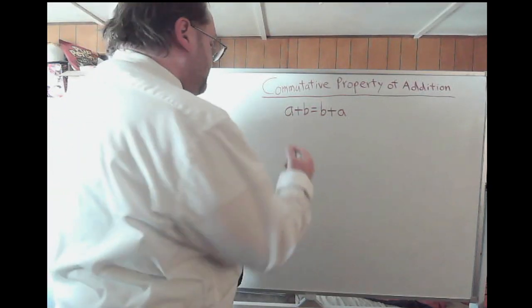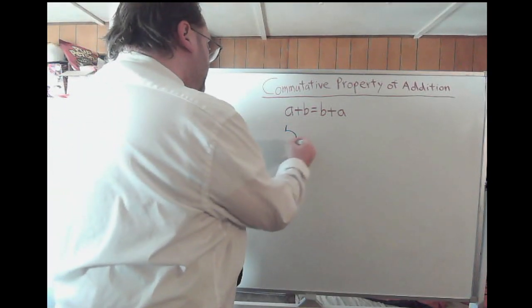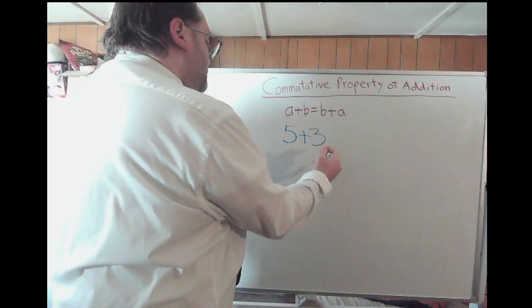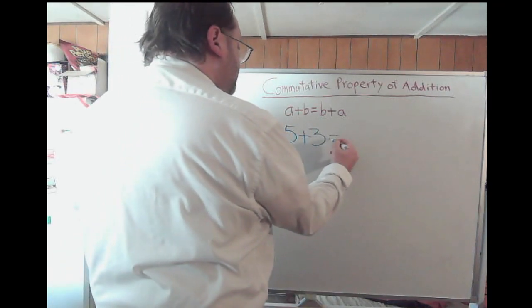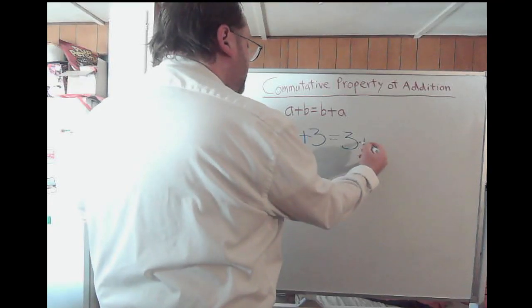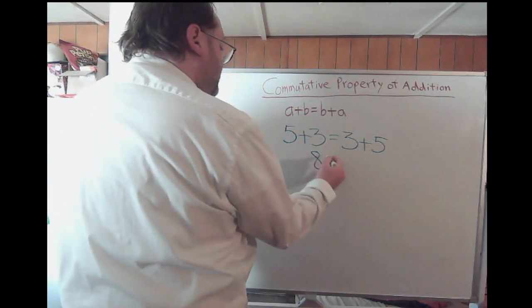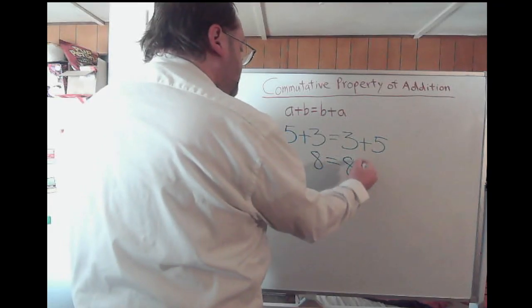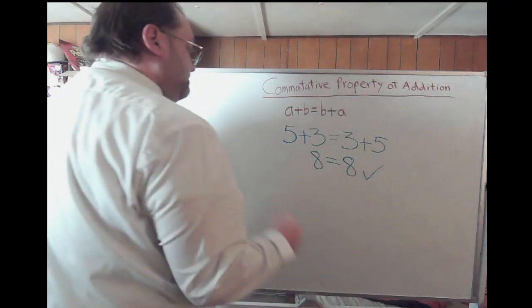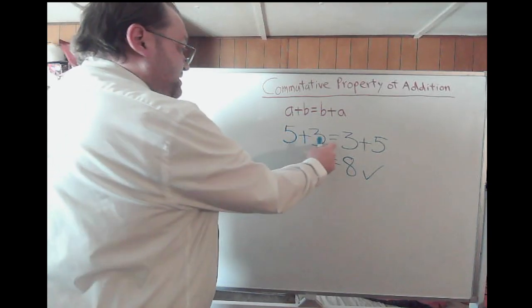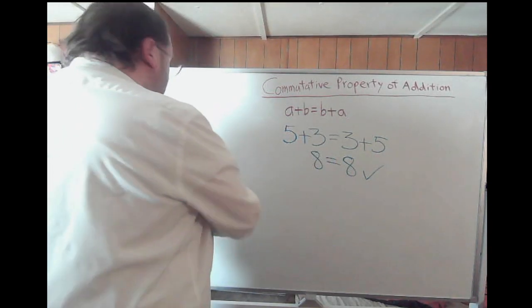So, for example, we have 5 plus 3, right? 5 plus 3, well, that's also equal to 3 plus 5. Because 5 plus 3 is 8, 3 plus 5 is also 8, therefore it checks out. So 5 plus 3 is the same as 3 plus 5 by the commutative property.